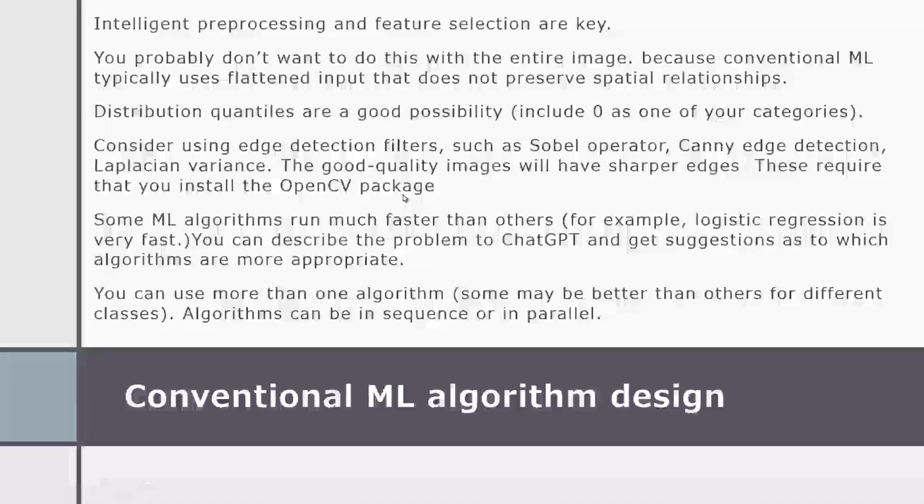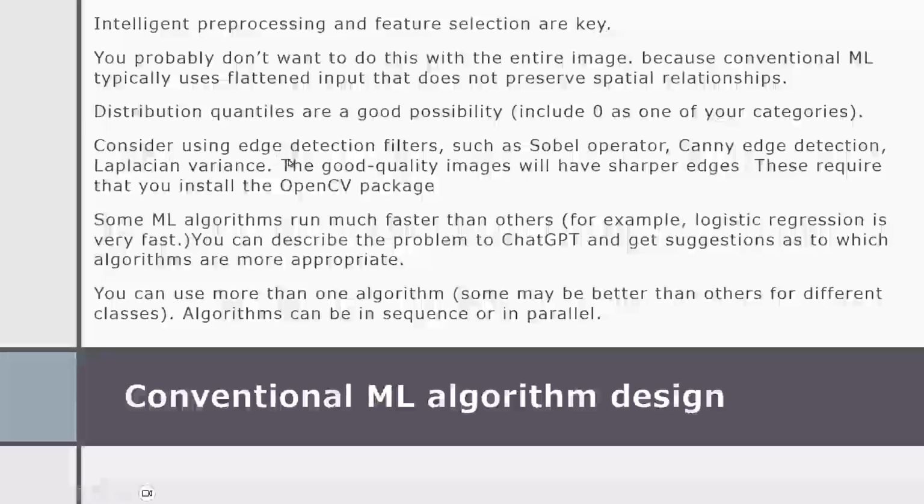Because that's a special package in Python to do edge detection. Now, once you did the edge detection, what you'd have to do is something like what you do with the regular image, which is convert that into a distribution and take quantiles. But this might give more information than the regular image.